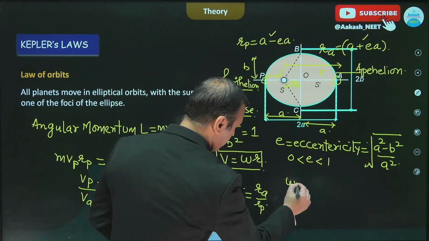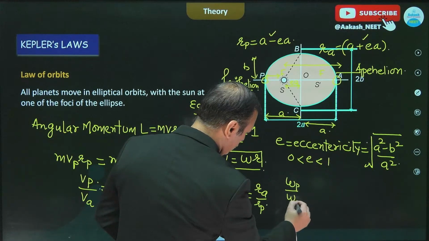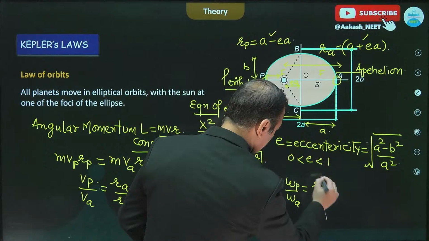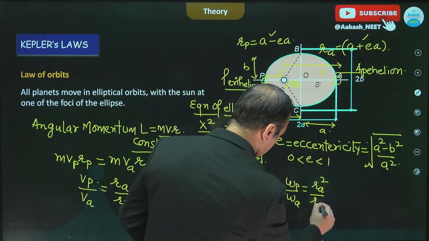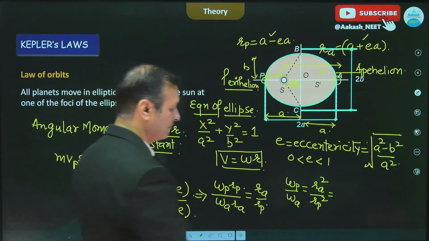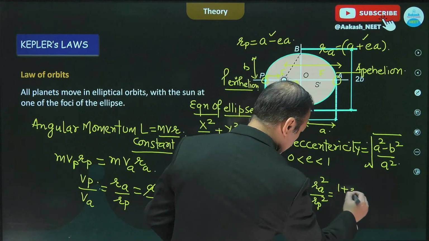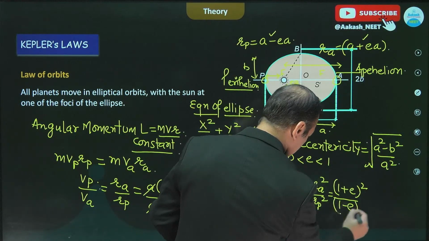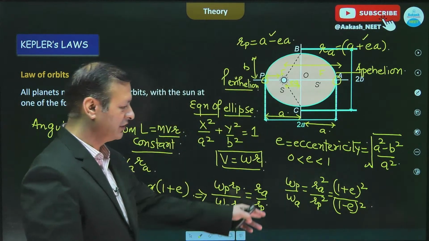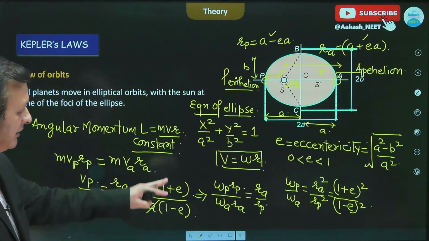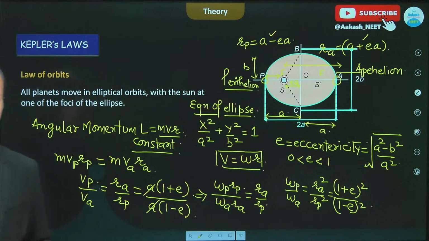So when you compare omega p by omega a, it becomes Ra square by Rp square, and Ra gives you 1 plus E, and Rp gives you 1 minus E. So now we have the ratio of their angular speed also when it is passing through perihelion and aphelion positions.